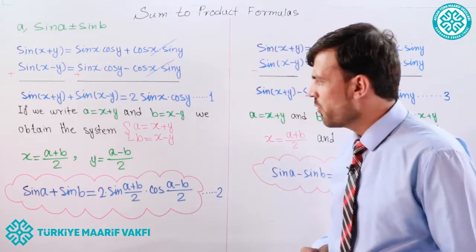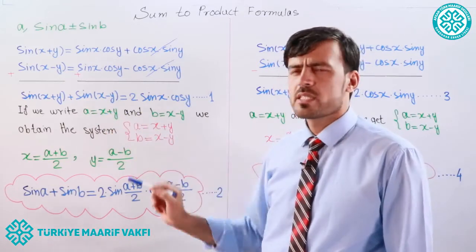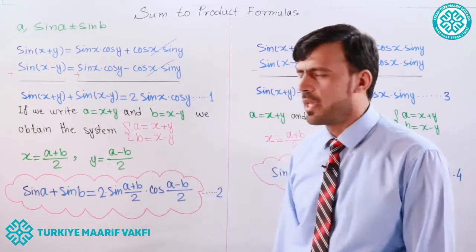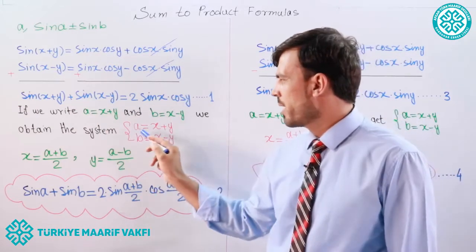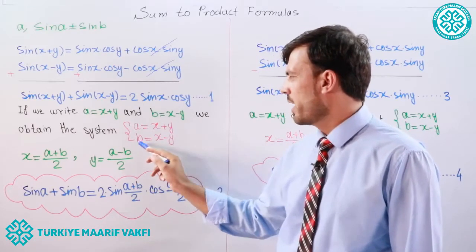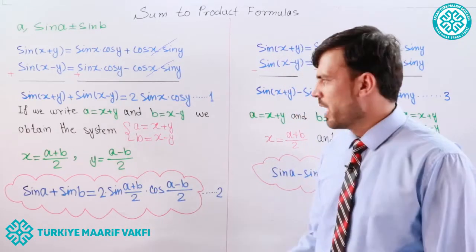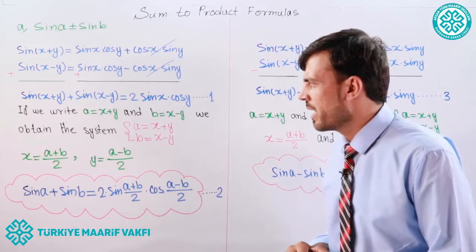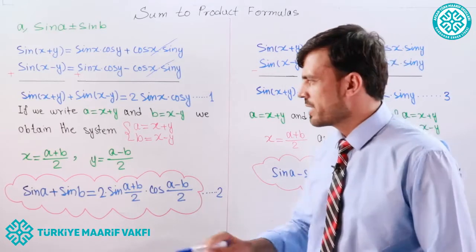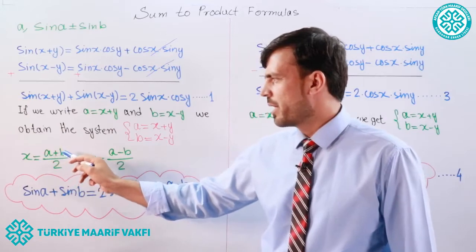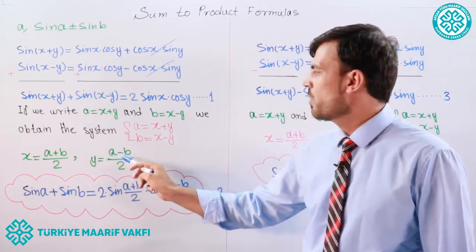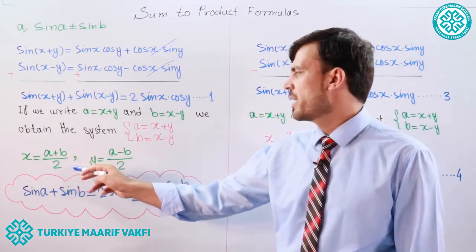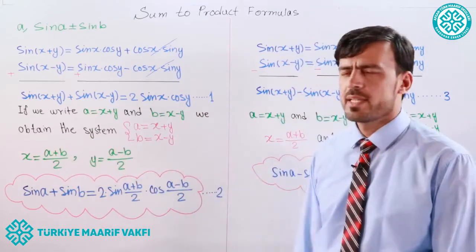Here, if we write A equal to x plus y and B equal to x minus y, we obtain a system. If we solve this system for x and y, we obtain x equal to (A plus B) over 2 and y equal to (A minus B) over 2, which we can substitute for x and y in the first relationship.